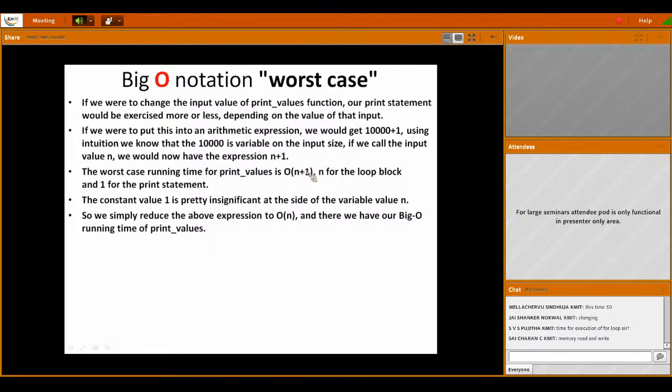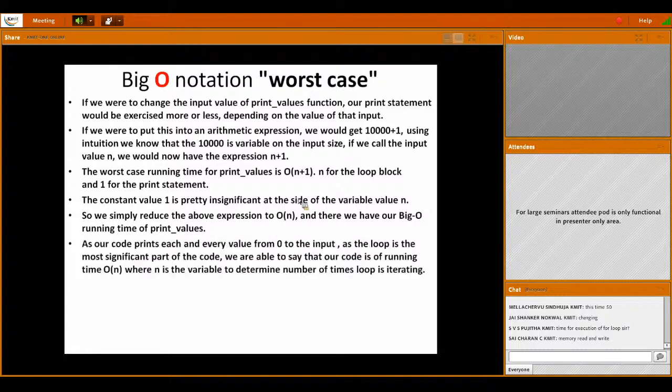When we reduce our entire code into a mathematical model, n plus 1, we say that the loop is the most significant and print happens only once, which is a constant factor. So the response time is directly proportional to the value of n. Therefore, I'm reducing the entire algorithm into one small mathematical model, and that conversion of your algorithm into a mathematical model is what the big O notation is all about.